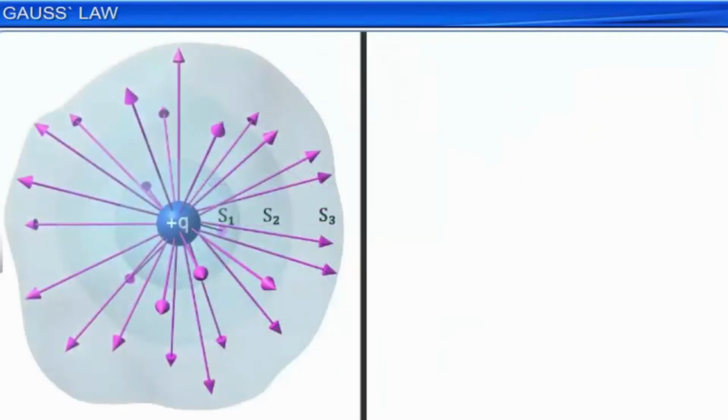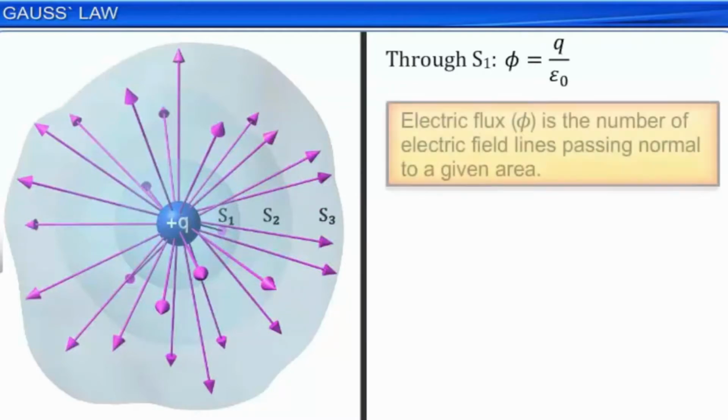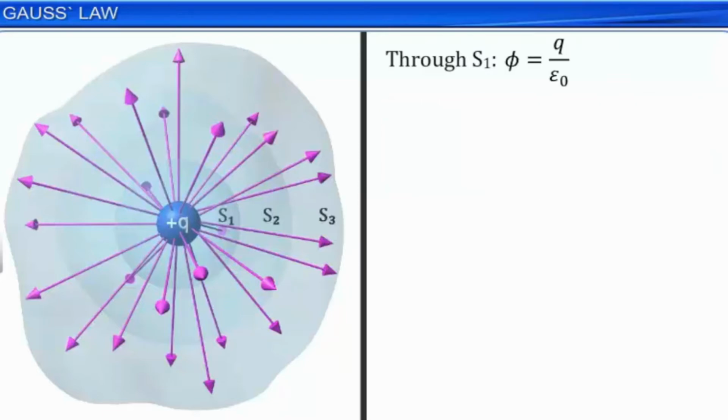We have seen that the net electric flux, phi, through S1 is equal to Q by epsilon naught. By definition, electric flux is the number of electric field lines passing normal to a given area. Here, we observe that the number of electric field lines that pass through S1 also pass through S2 and S3, normal to their surfaces.